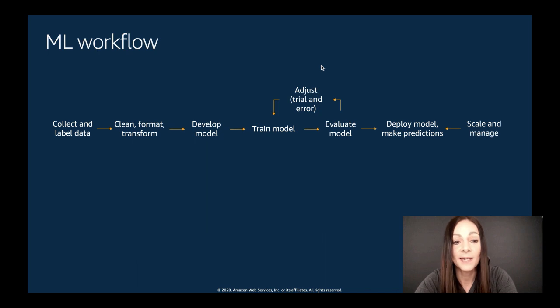So you start by collecting and labeling the data. You then clean, format, and transform your data before you can even start developing your models. You then start training and also evaluating the models, and you keep adjusting until you find a good model. You then deploy that model into production, and it starts serving predictions. But even in production, you have to keep managing your models because you want to be able to detect model or data drift early on.